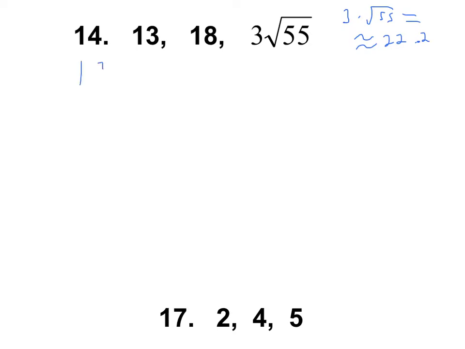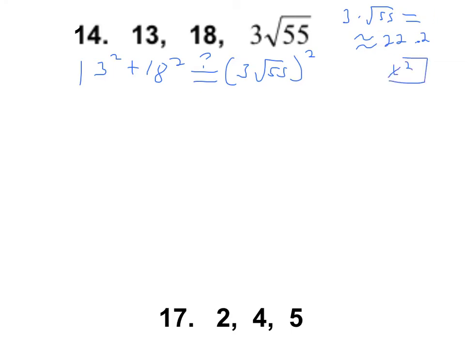So you can do 13 squared plus 18 squared. Does that equal 3 radical 55 squared? Now, a shortcut that we mentioned in class is if you have already entered this into your calculator and you have this 22.24859546 number on your calculator, you can just press the squared button and it will square it for you.